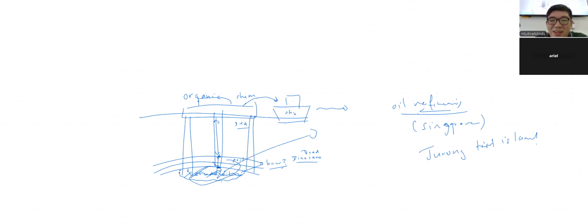It doesn't work that way, because crude oil is a mixture and there are too many different types of hydrocarbons mixed in it. It's too crude, as the saying goes. Crude means very impure, very raw. So you can't use that kind of oil. It's useless, so you have to fractionally distil it in the oil refinery.